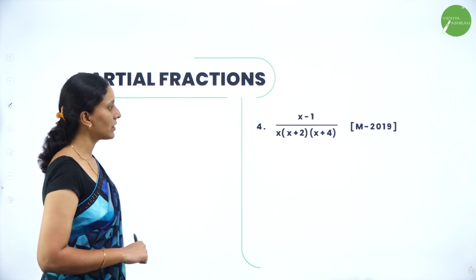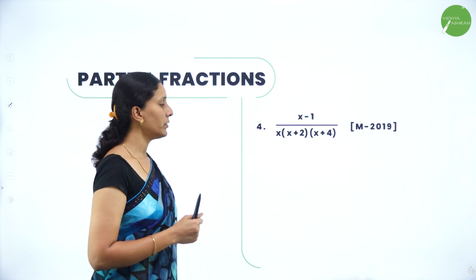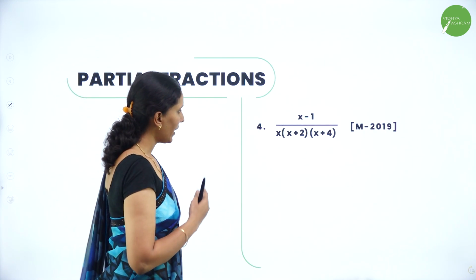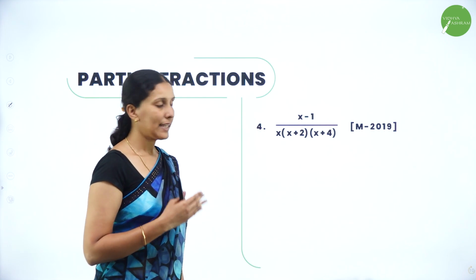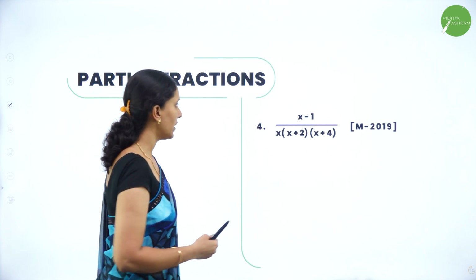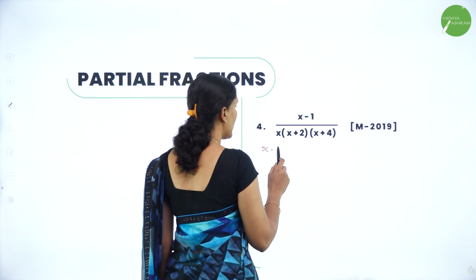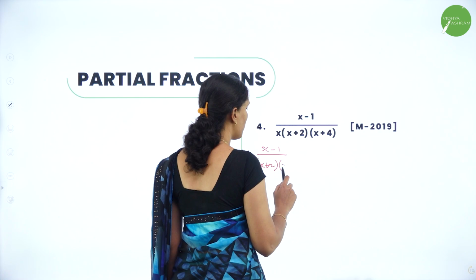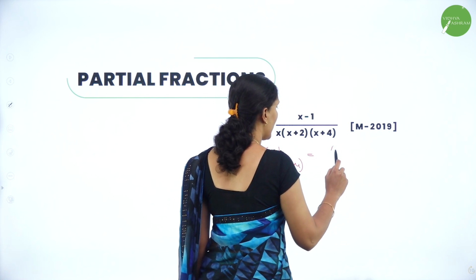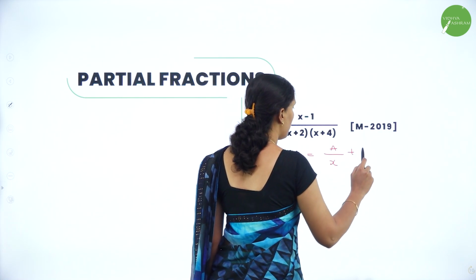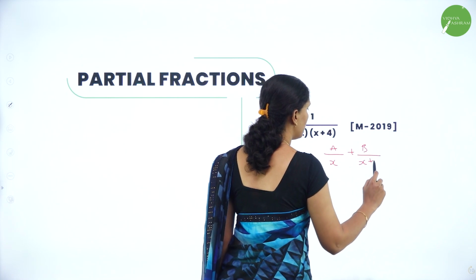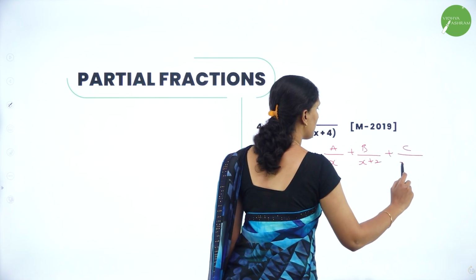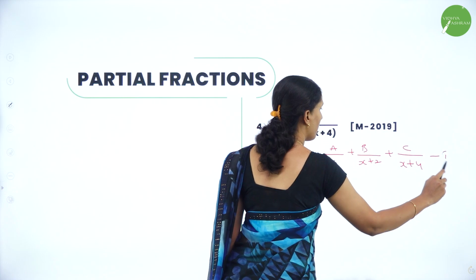Next, x minus 1 over x, x plus 2, x plus 4. So we have three factors, x, x plus 2, x plus 4 here. So we can write this as (x minus 1) over x(x plus 2)(x plus 4) is equal to a by x plus b by x plus 2 plus c by x plus 4, equation 1.